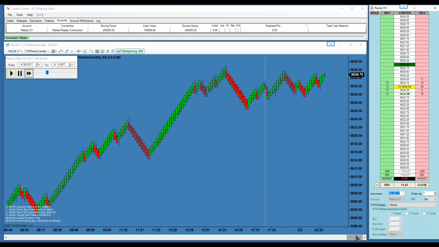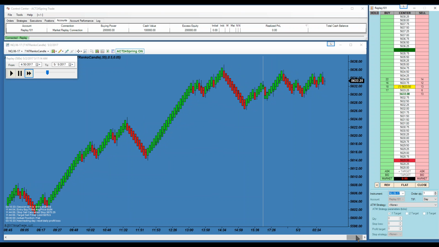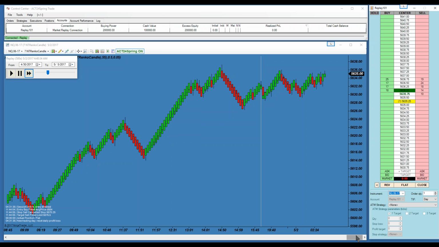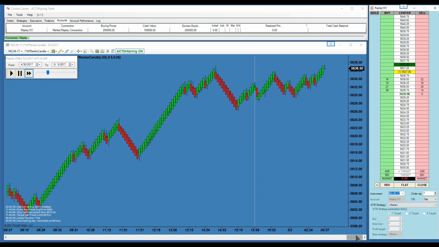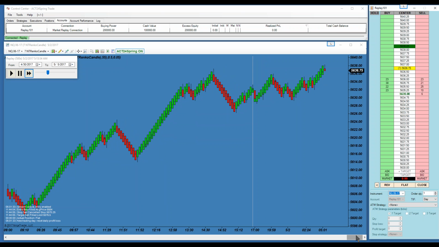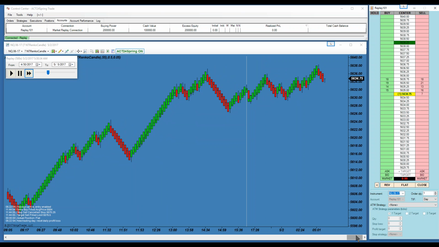Still not moving too much, kind of sideways here. What it's doing is it's trying to break the constant highs. That's what the market appears to be doing. So it's already 36 hours of market trading and hasn't taken a trade yet.